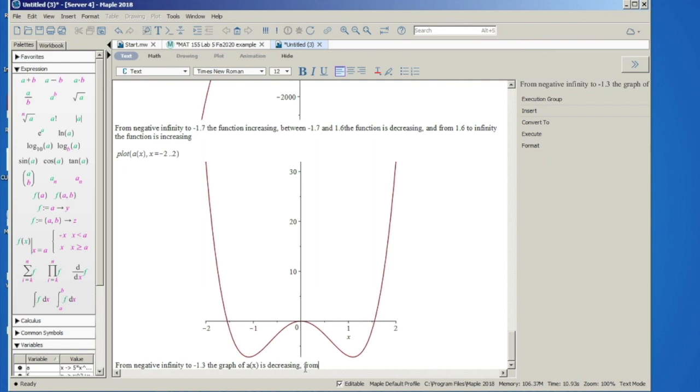And then from minus 1.3 to 0, the graph is increasing. And again, I'm not using set notation, so if we were using set notation, then we could speak about open versus closed intervals and so on, but I'm avoiding set notation for now. So yeah, the graph is increasing from 0 to roughly 1.3, let's say.